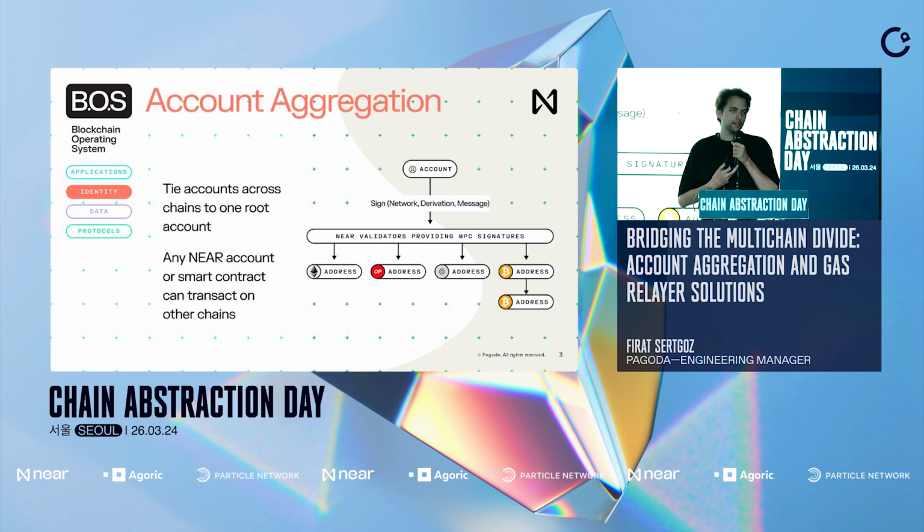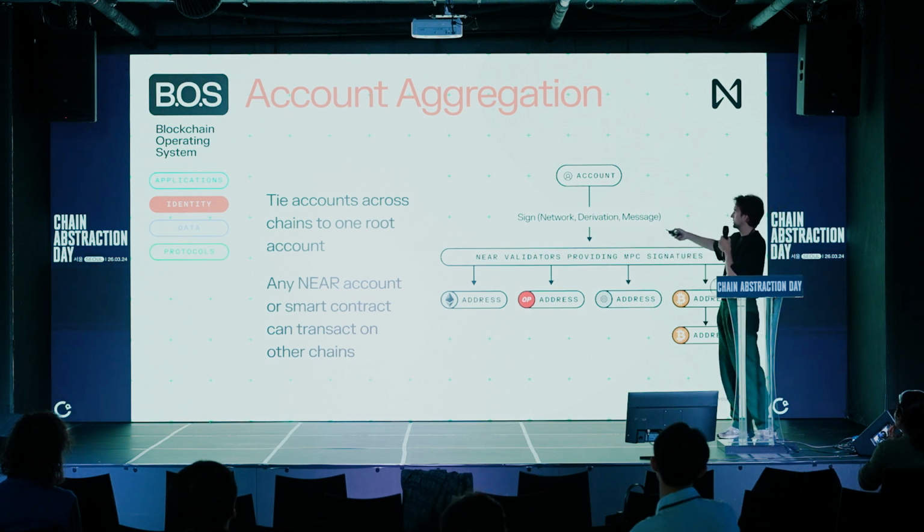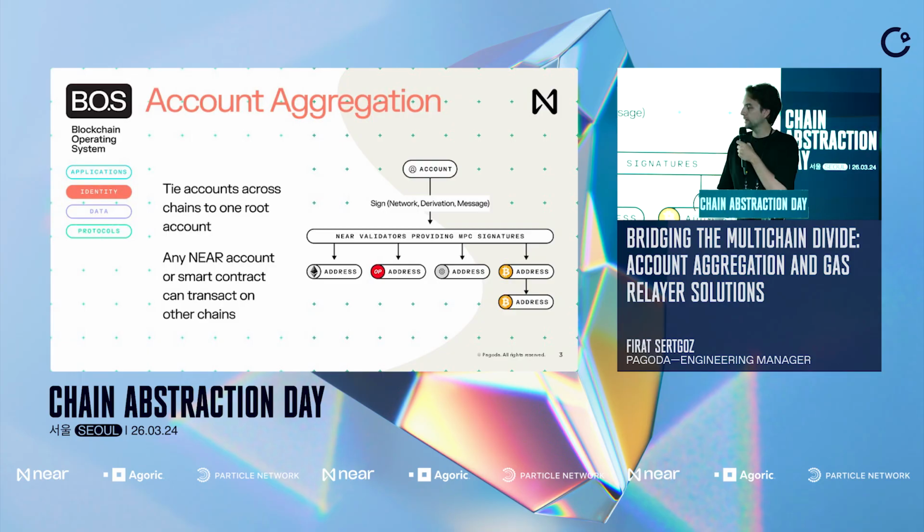We're doing this through a technology that we call chain signatures, where an account can sign an arbitrary payload, define the network they want in the derivation path and in the message, and send it to the validators of this MPC network to sign it for them and send it to the other network.